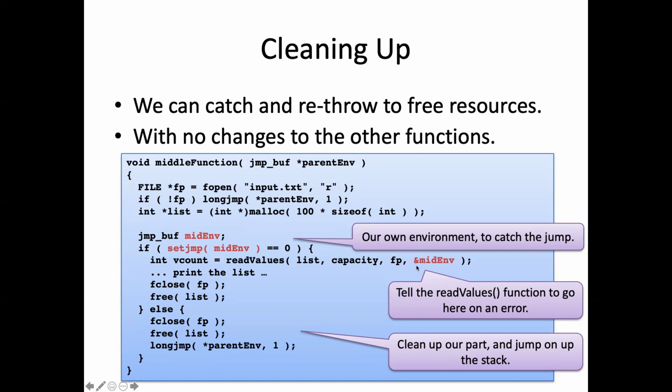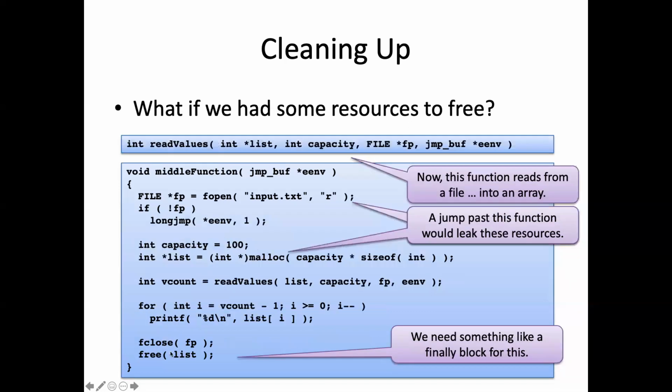Well, if it does a long jump and that jumps us back to this set jump, instead of returning immediately to our caller, if we get a return value other than 0, that'll take us down to this else. That'll give us a chance to close our file and free the memory for our list. And then we can keep jumping from there.